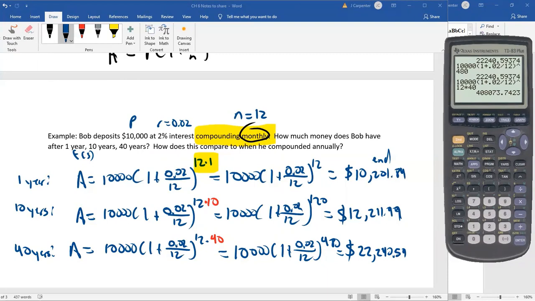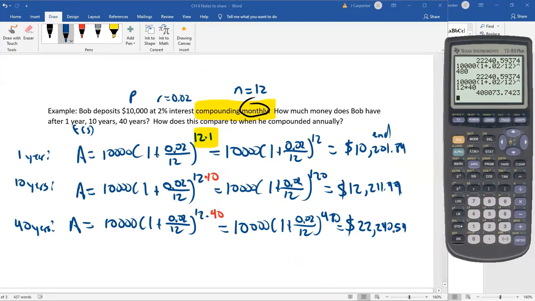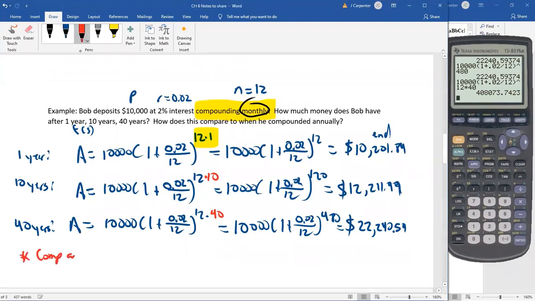All right, so the second part of this question was, how does this compare to when we compounded annually? So when we compounded annually, just to refresh us, this was the example we did, I believe, one or two classes ago. The 1-year number was 10,200.